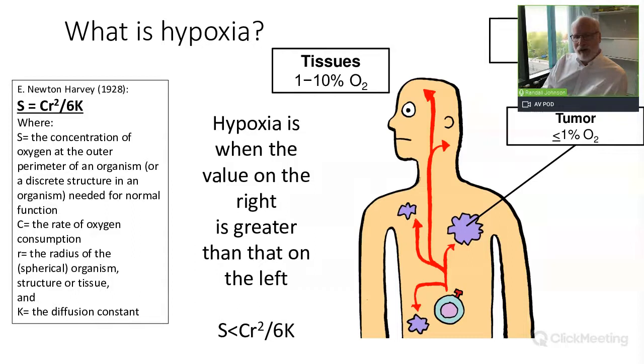And so any time in which the metabolic rate outstrips the availability of oxygen, we're in a state of what we might call hypoxia. But that definition of hypoxia means that, of course, what hypoxia is to one cell type and under one circumstance is different from what it is in others. So there's no real absolute definition of this.